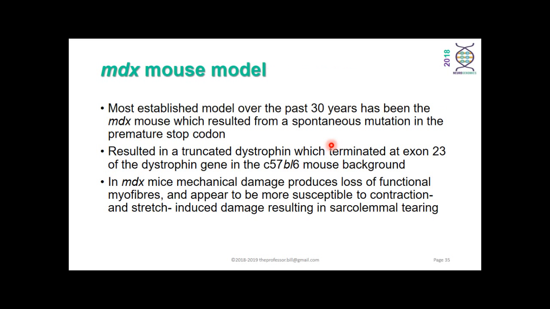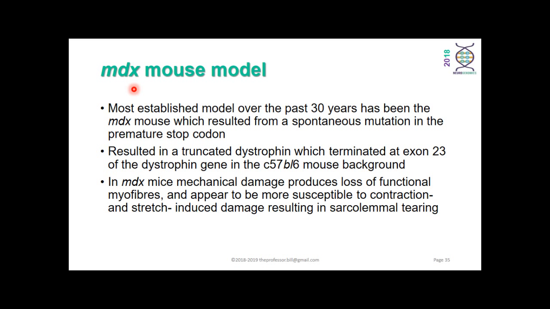So the one that we're going to start off with on Monday is this very well-established model system, called the MDX mouse model. The MDX, which is the muscular dystrophy mouse model system, is probably the best studied. This is where we have a premature stop codon, just like we see in the frameshift mutation in human Duchenne's muscular dystrophy.